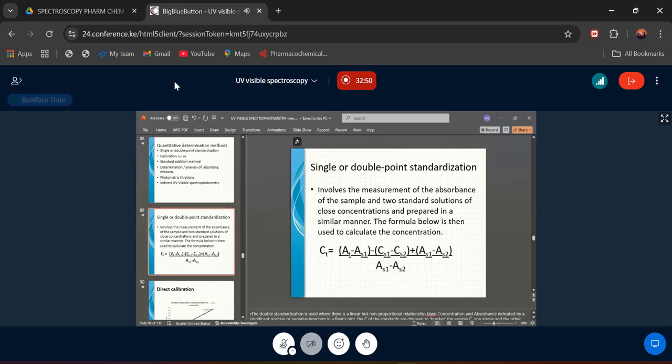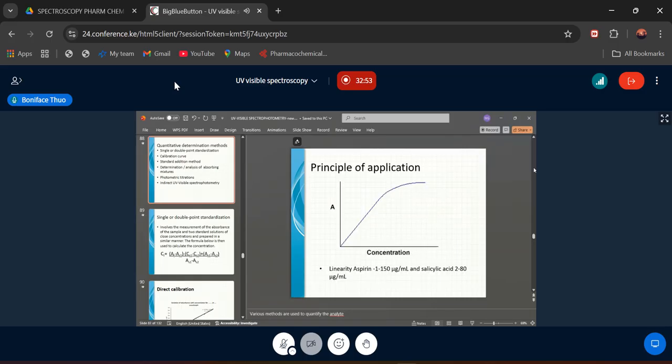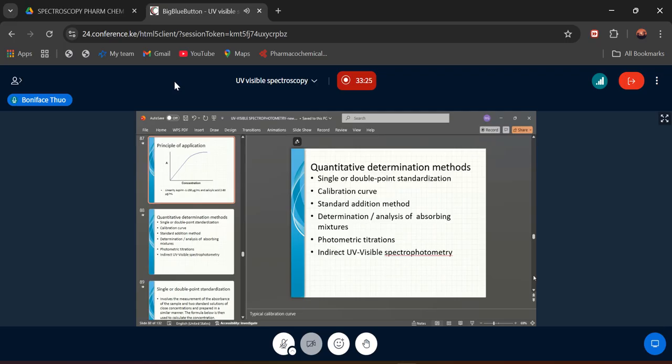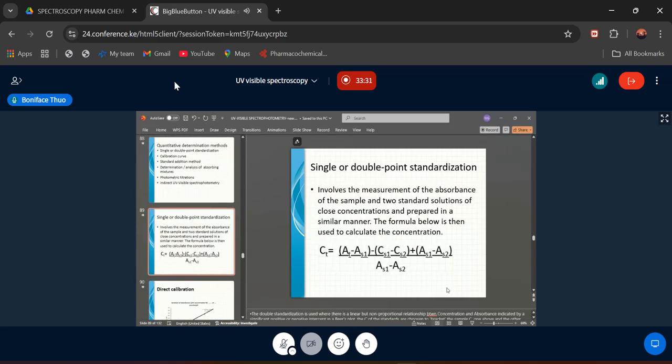So if we were to simply go back on this curve, we are saying that if your sample is absorbing at a particular absorbance, you can prepare two solutions of known concentration and measure absorbance, usually either slightly below and slightly above the concentration of the substance, and then you can estimate or calculate the concentration of the unknown by using an equation such as this.